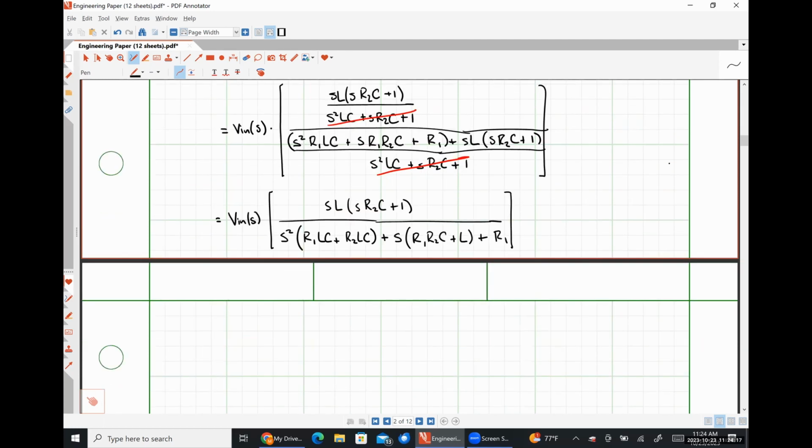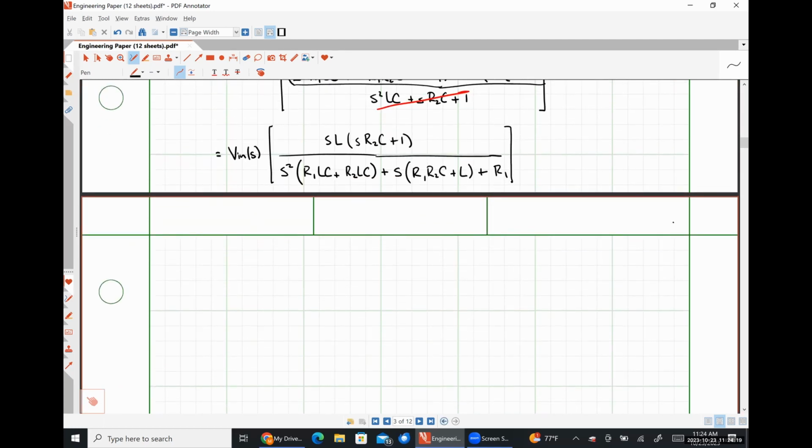From here, my first stage transfer function, sorry, V1 of S divided by Vn of S, is just that exact same thing except without the V1 out front.